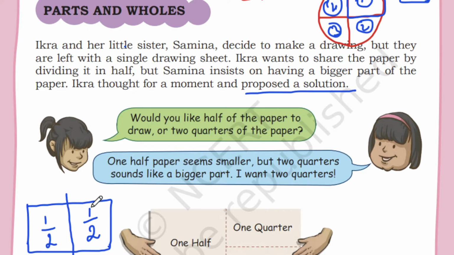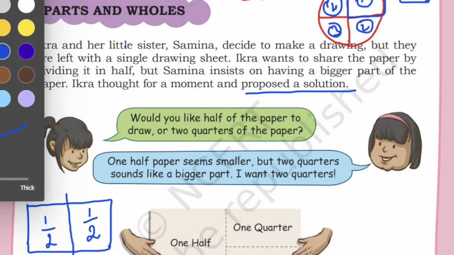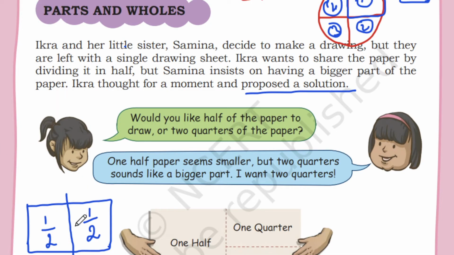If you divide this, this part is 1 by 4 and this part is 1 by 4, which is 2/4. This is one half. Now she is asking whether you want 2/4 of the paper or one half of the paper.